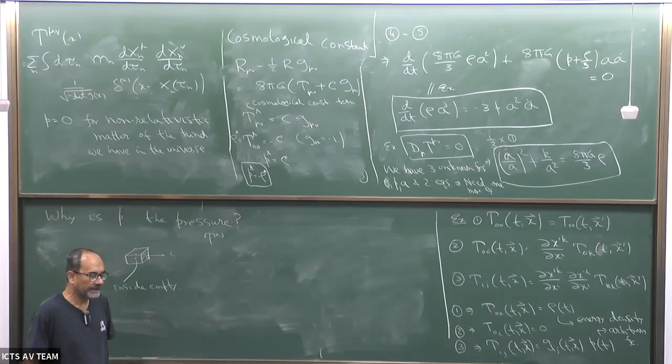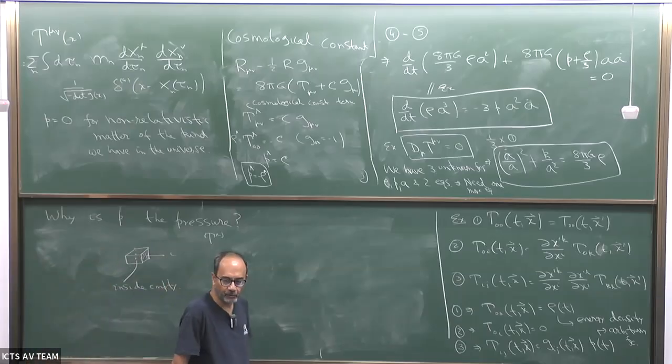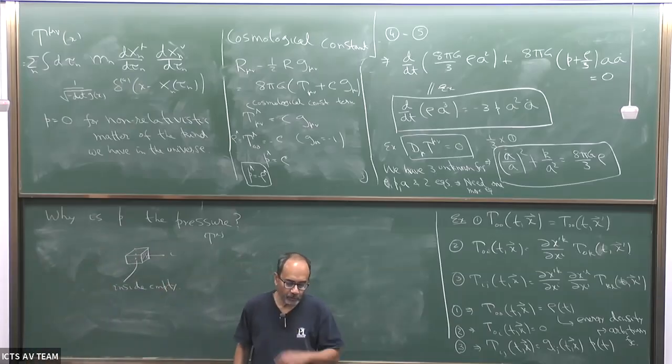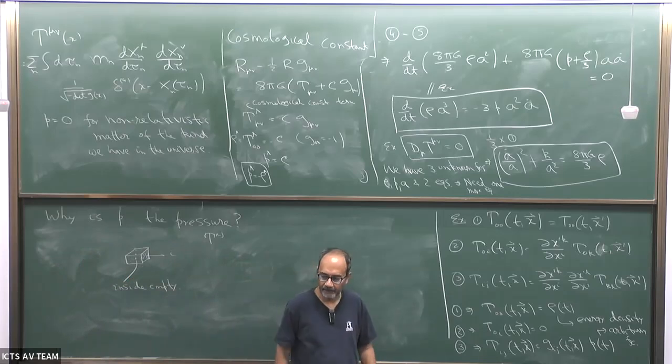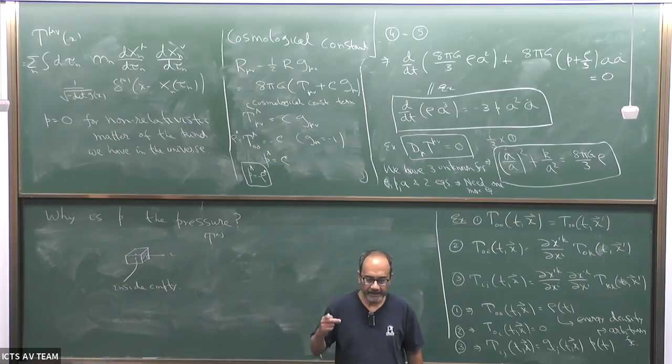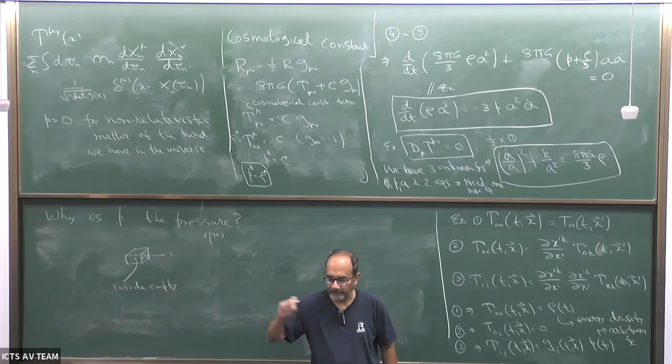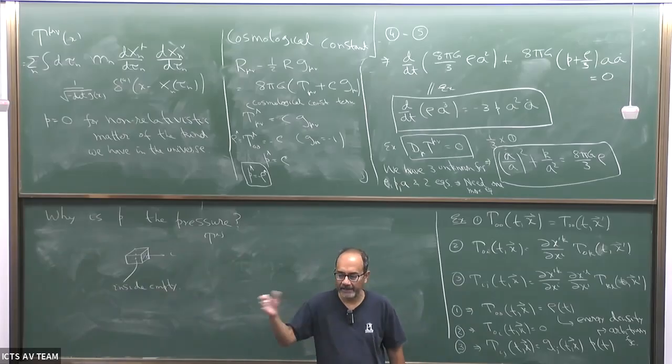In an isotropic situation, you have argued that Tij equals 0 for i not equal to j. That's also easy to understand intuitively. Imagine that you are trying to calculate the flux in the jth direction. It's isotropic, so the particles are moving in all directions.